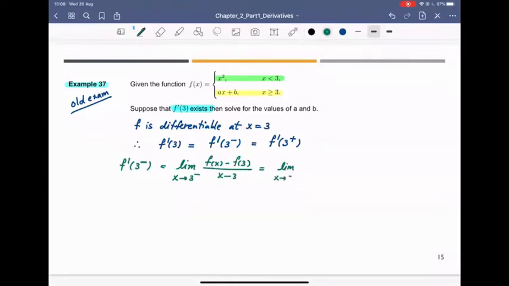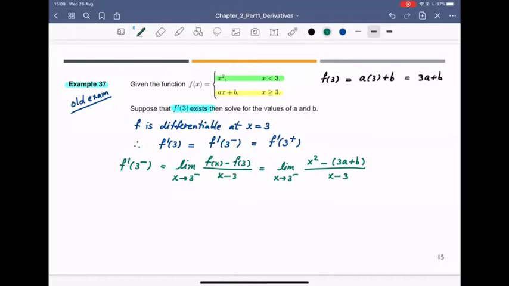So I'm going to replace my f(x) by x squared, and then f(3). So we're going to compute f(3) first. So f(3) is a times 3 plus b. So this is going to be 3a plus b. And then I have 3a plus b here, and then over x minus 3.